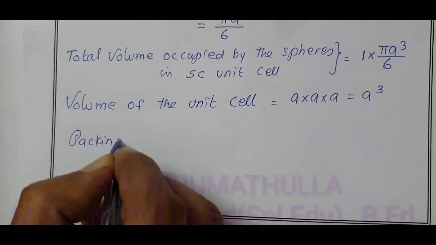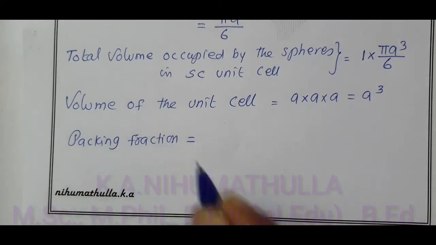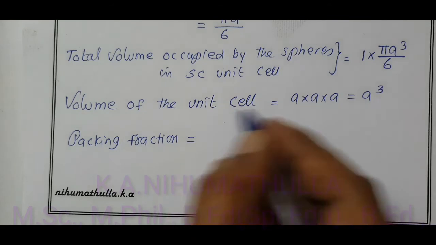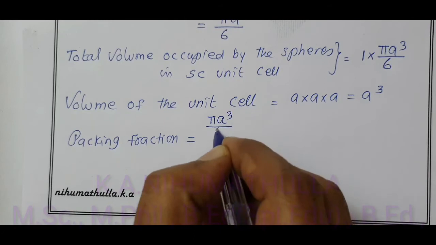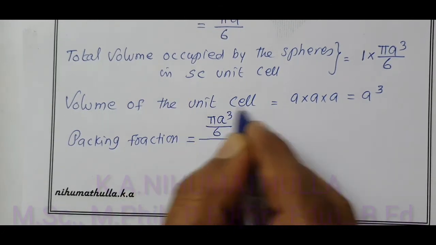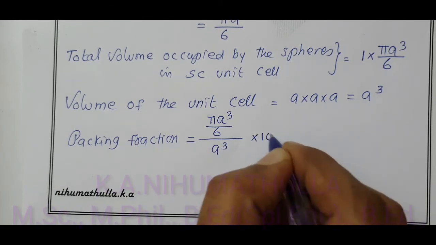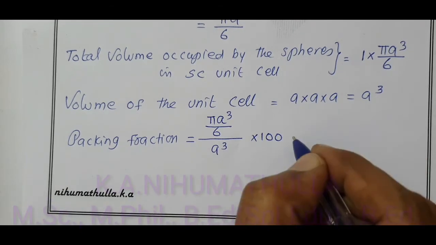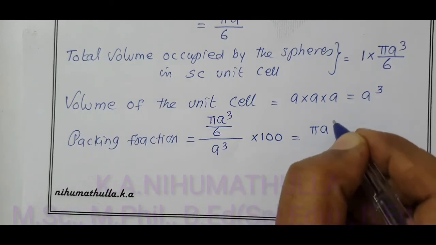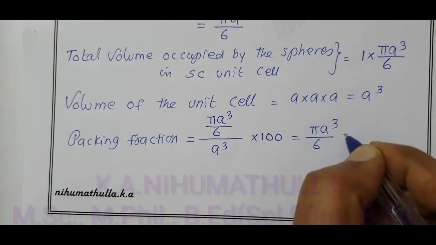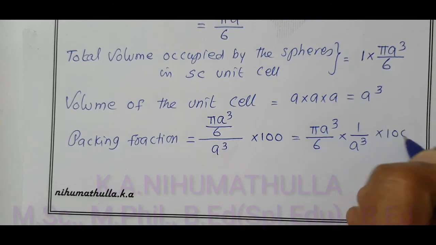Packing fraction or packing efficiency equals pi a cube by 6 whole divided by the volume of the unit cell, a cube, into 100. Bringing the a cube value to the numerator, it becomes pi a cube by 6 into 1 by a cube into 100.